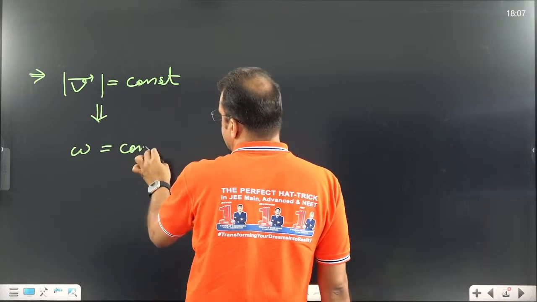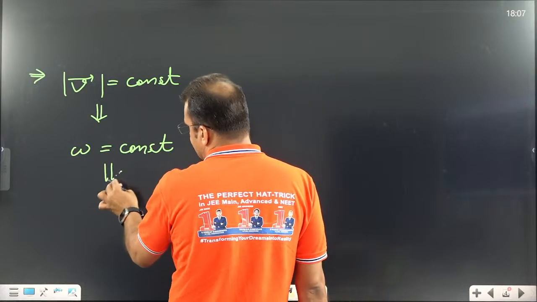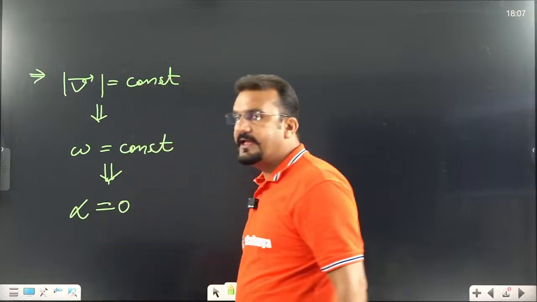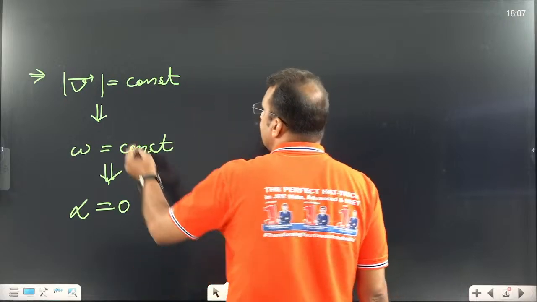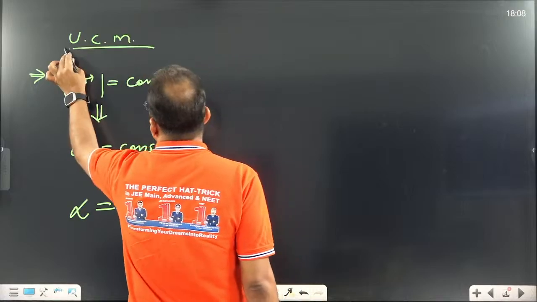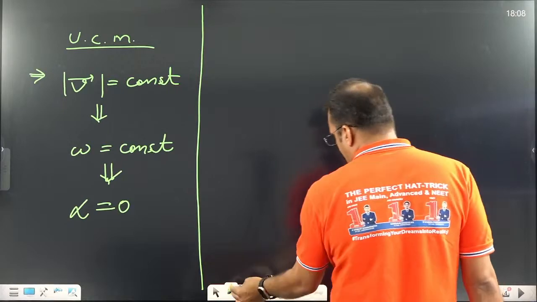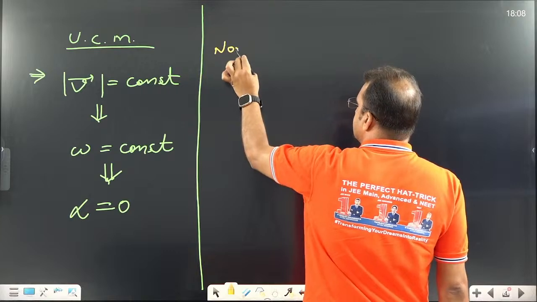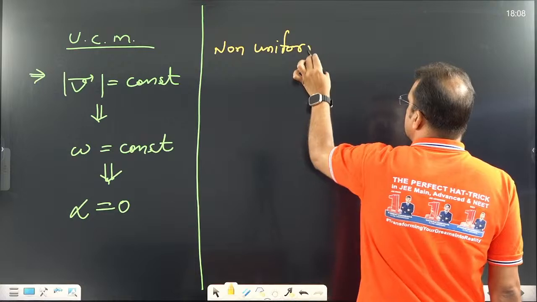What is omega? Angular velocity is constant. Whenever omega is constant, you can say alpha, angular acceleration, is 0. This is the exact definition of uniform circular motion, UCM, that we discussed yesterday. Now let us start non-uniform circular motion.